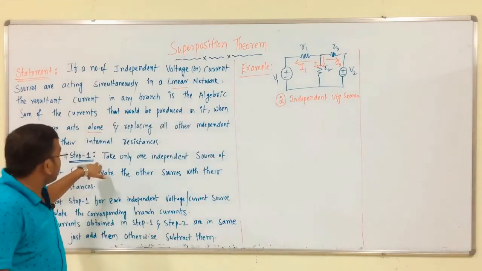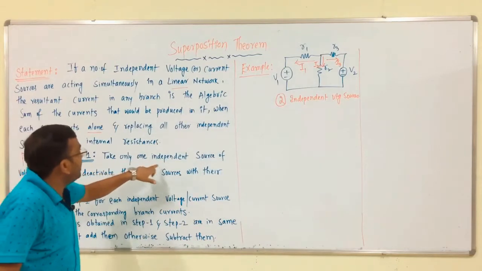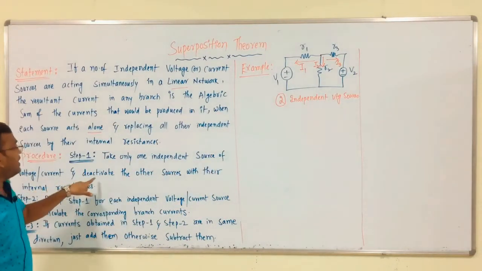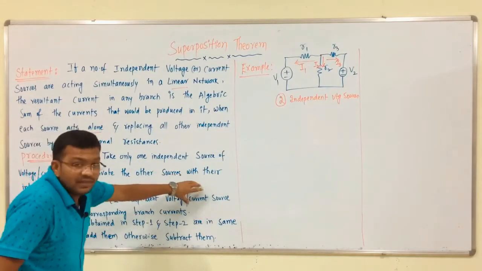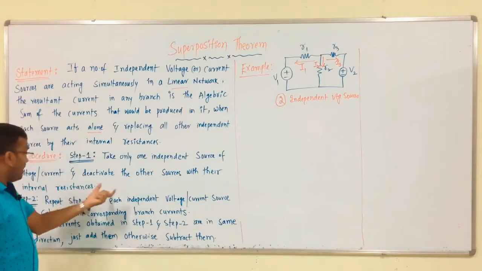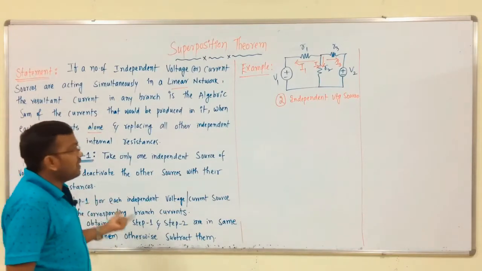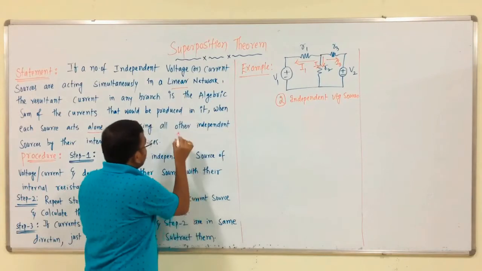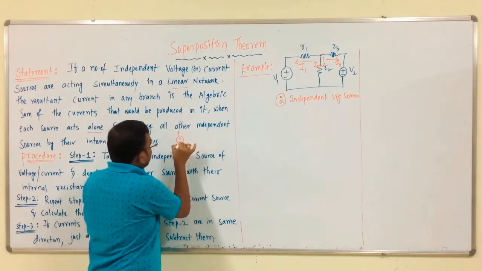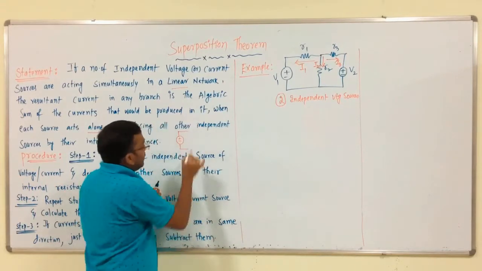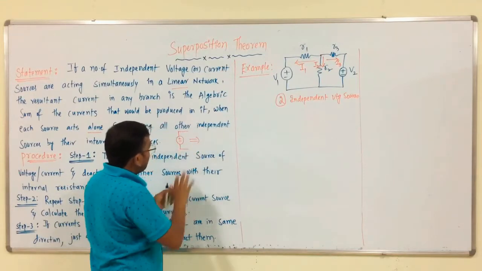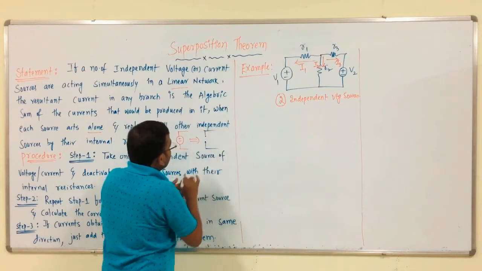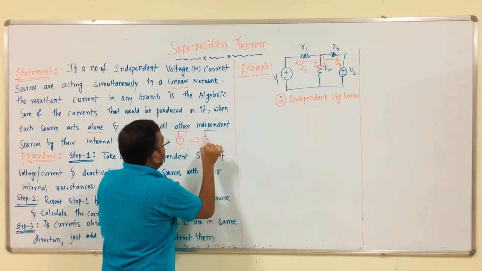Means, first we have to discuss step 1. Take only one independent source of voltage or current and deactivate the other sources with their internal resistances. What is the internal resistance of a voltage source? We have to modify the circuit with R equal to 0.